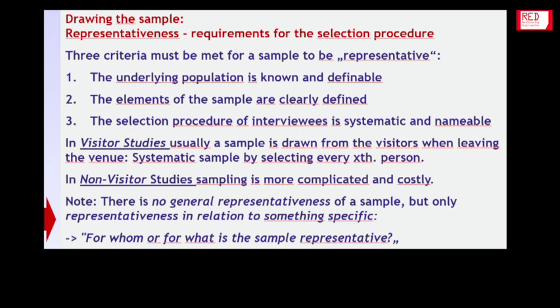No matter how this person looks like, be it friendly or unfriendly, young or old, in a group, with heavy bags or no bags at all in their hands or whatever, and make an interview with this person. This is a systematic possibility to select respondents.